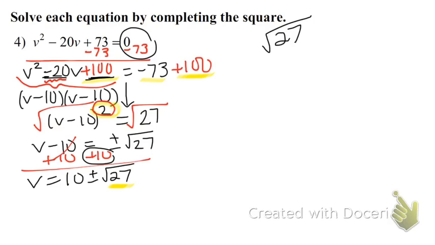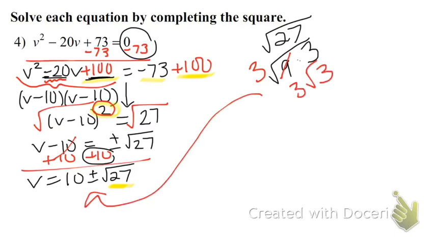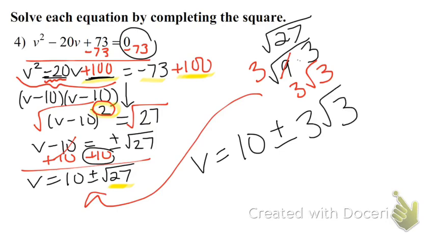The square root of 27 is the same as the square root of 9 times 3. And the square root of 9 is 3. So the square root of 27 is the same as 3 root 3. Which means my final answer, if I put that back together, is v equals 10 plus or minus 3 root 3.